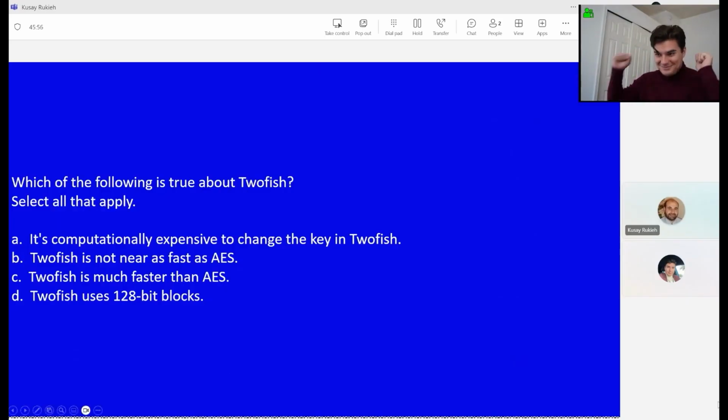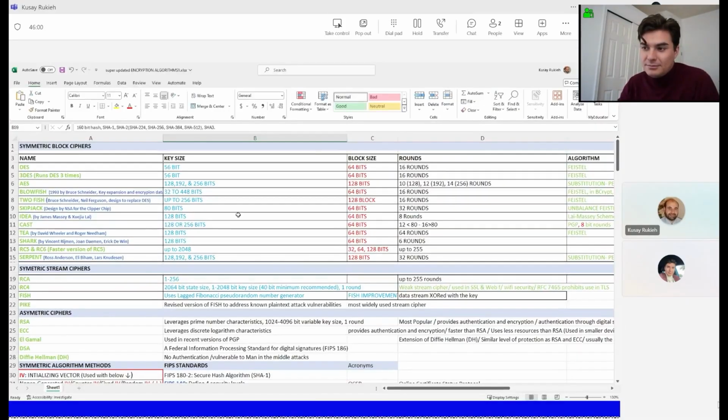That's correct. Remember, Twofish has a 128-bit block. It has 16 rounds versus AES has 14 rounds as a maximum. So 14 rounds is always going to be faster than 16 rounds, right? And both have 128-bit blocks, so they're tied for that one.